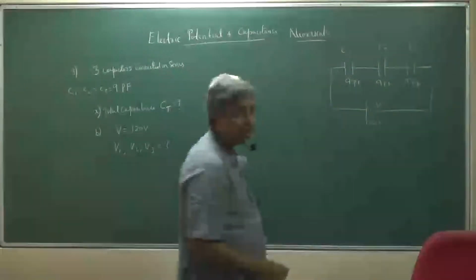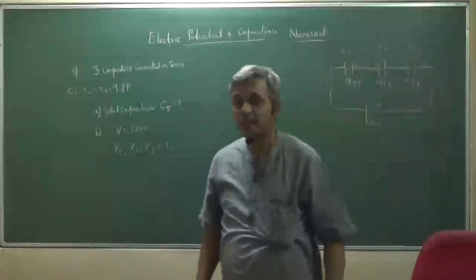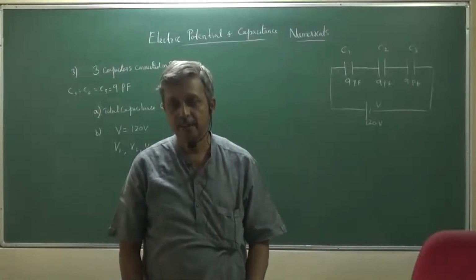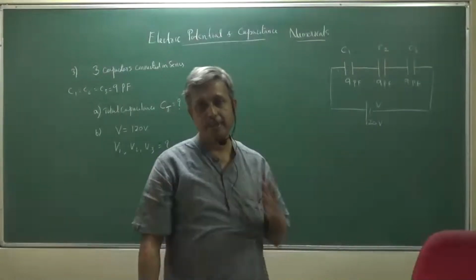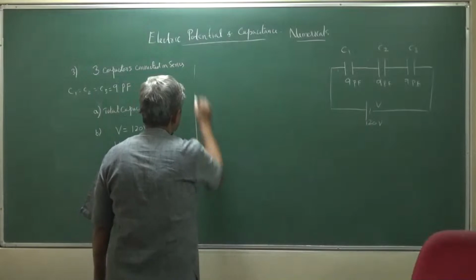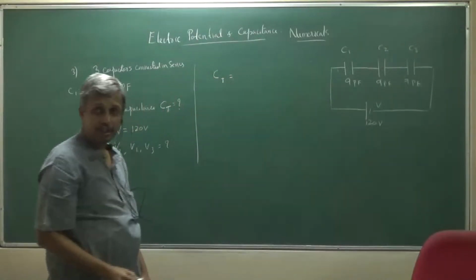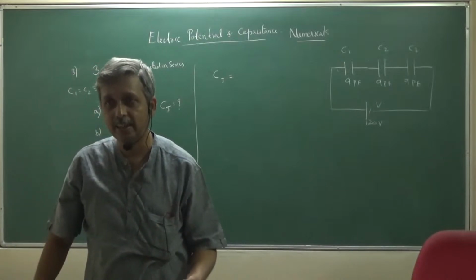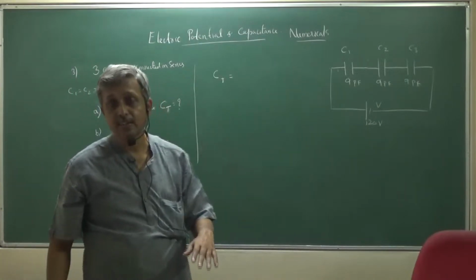Now effective capacitance means I should be able to replace this with a single capacitor, and it must have exactly the same effect on the circuit. That is called effective capacitance. For series combination, the formula for total capacitance is as follows. Remember, we have two formulas, one for series, one for parallel. For parallel we add, for series we don't add.